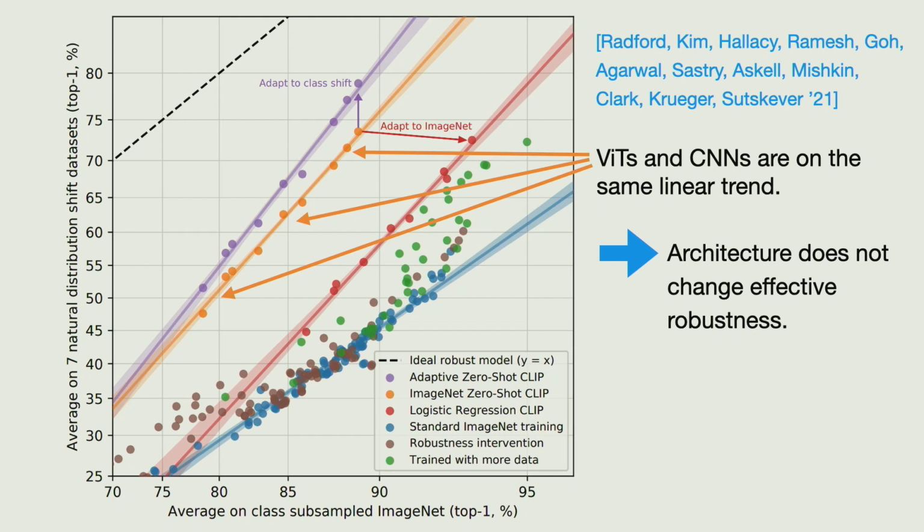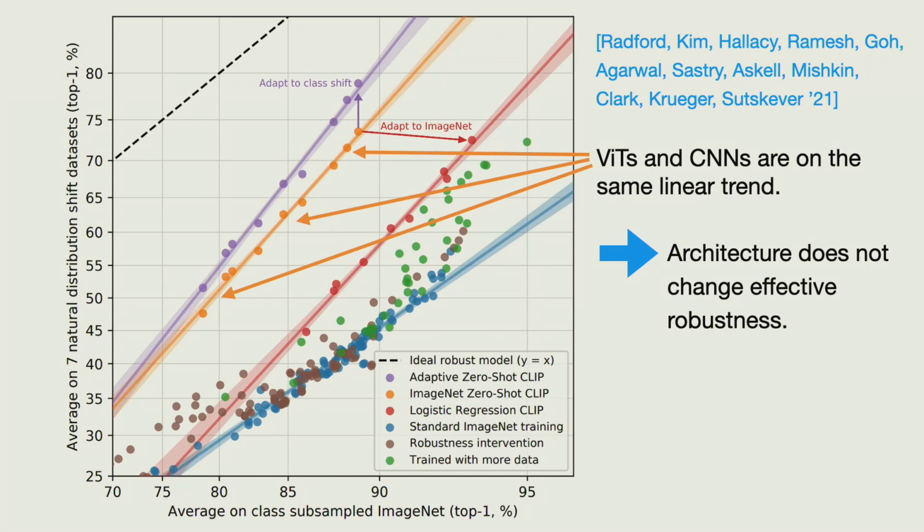So we looked at this orange line here, which is the zero-shot CLIP models. One nice experiment that OpenAI already did was this CLIP-style training both with CNNs as image encoder and with vision transformers as image encoder. When you do this with various ViT sizes and various ConvNet sizes, you're exactly on the same orange trend.